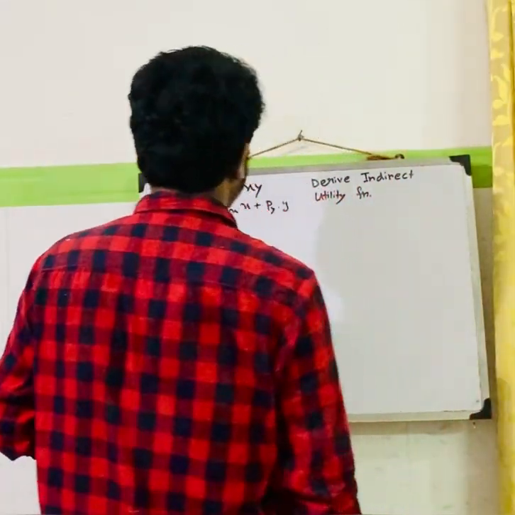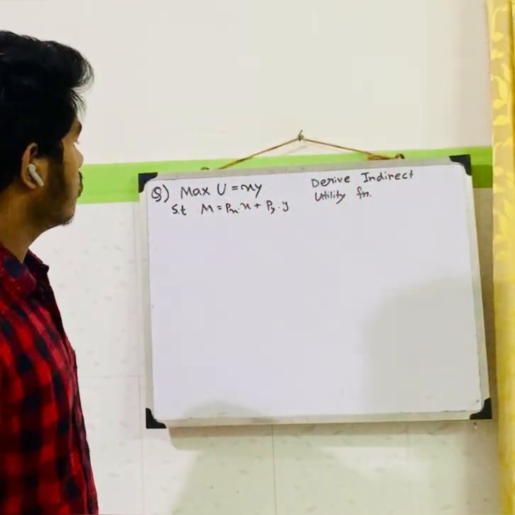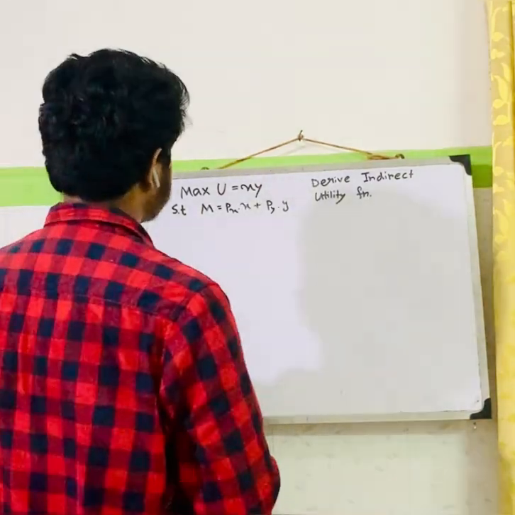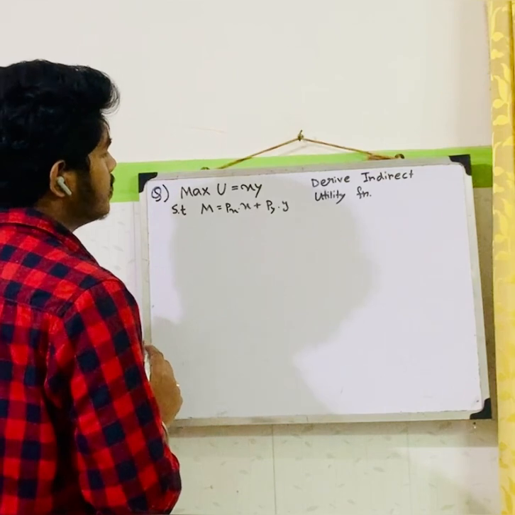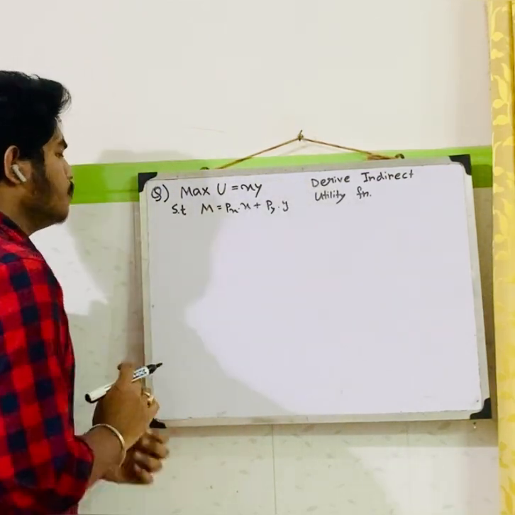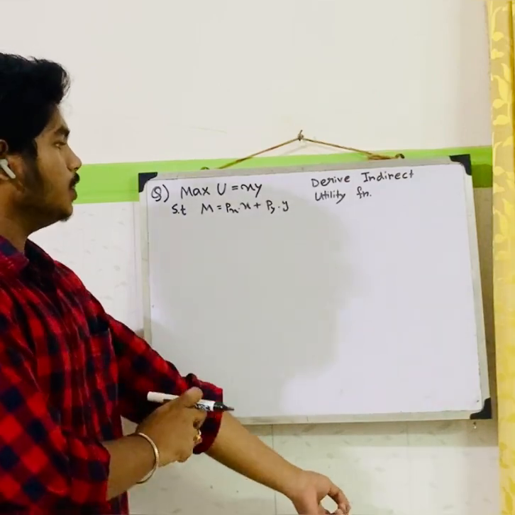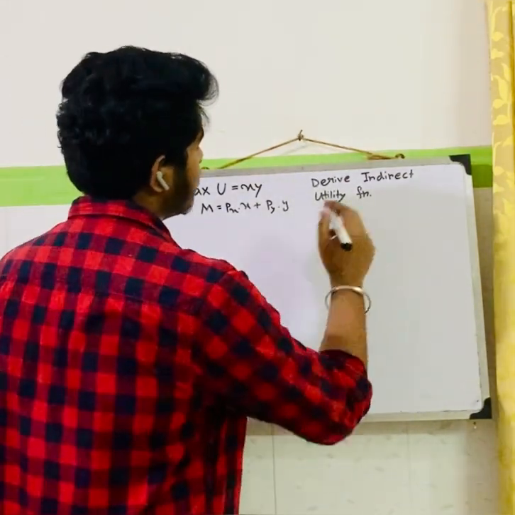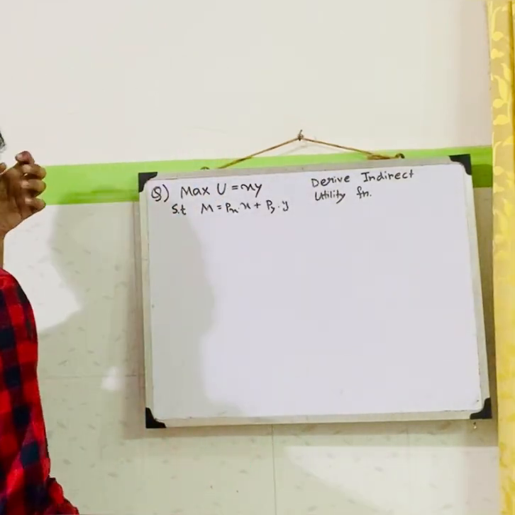Now we can see that we have been given a question where it says maximize utility equal to xy subject to budget constraint m equal to px into x plus py into y, and we have to derive our indirect utility function.